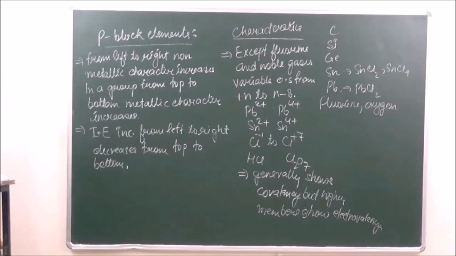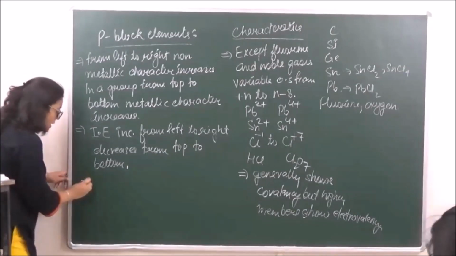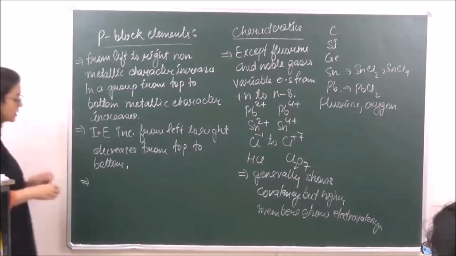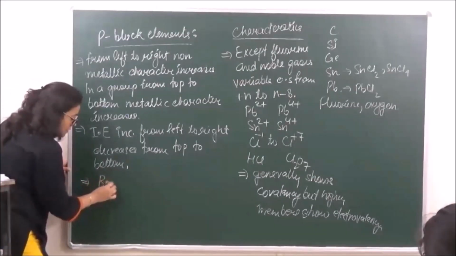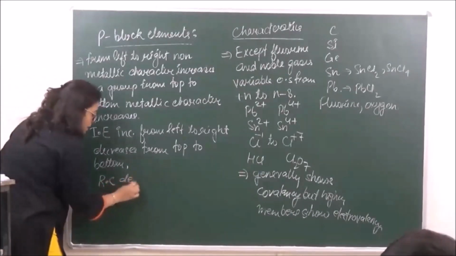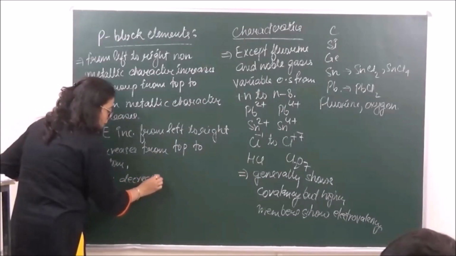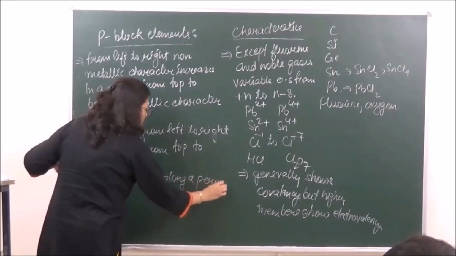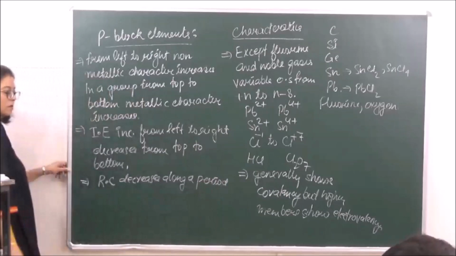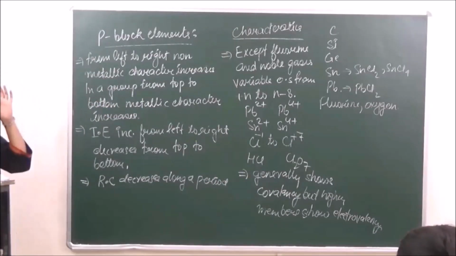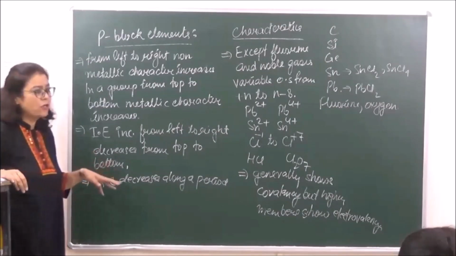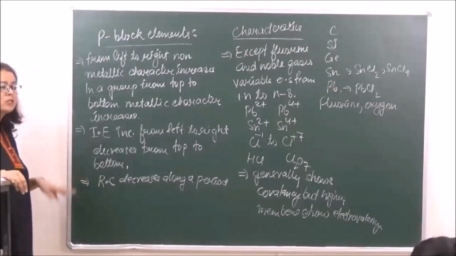Now when we are talking of any p block element, it has both reducing as well as oxidizing properties. Therefore we say in every period reducing character decreases. That means when we are traveling from carbon to fluorine, fluorine, as we will be doing in the electrochemical series, is the best oxidizing agent.